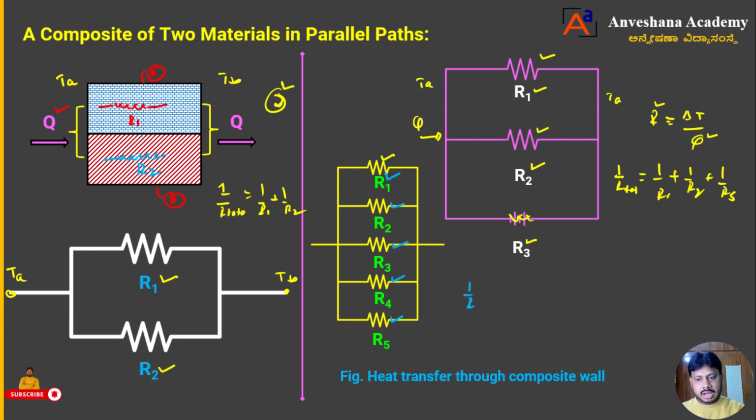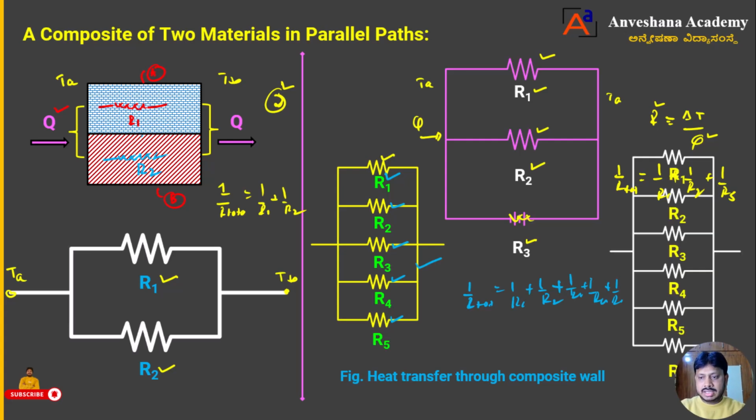1 divided by R total is equal to 1 by R1 plus 1 by R2 plus 1 by R3 plus 1 by R4 plus 1 by R5, dear students. This is the total resistance offered in the 5 materials when they are parallel to each other.